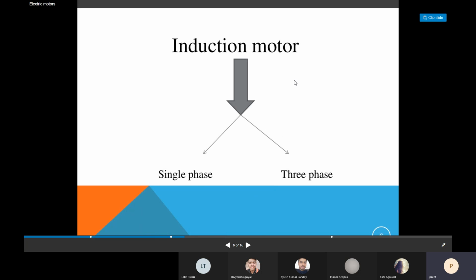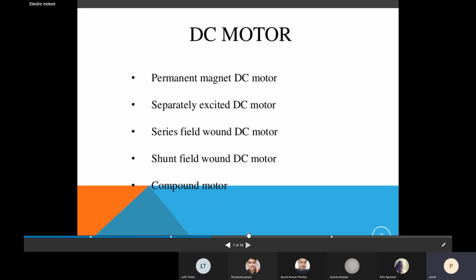Again, in induction motors we have two types: single phase and three phase. In DC motors, you will have different kinds, which comprise the permanent magnet DC motor, separately excited DC motor, series field wound DC motor, shunt field wound DC motor, and compound motor.